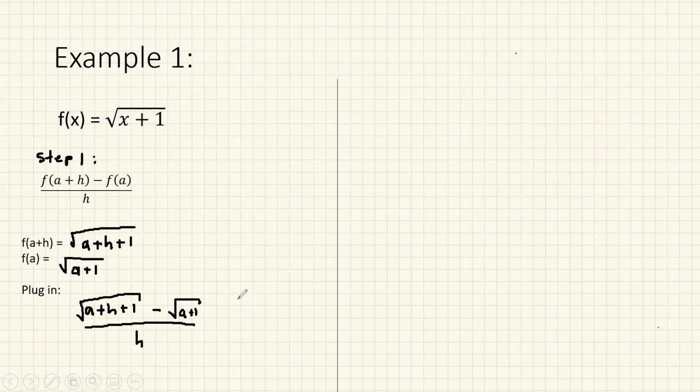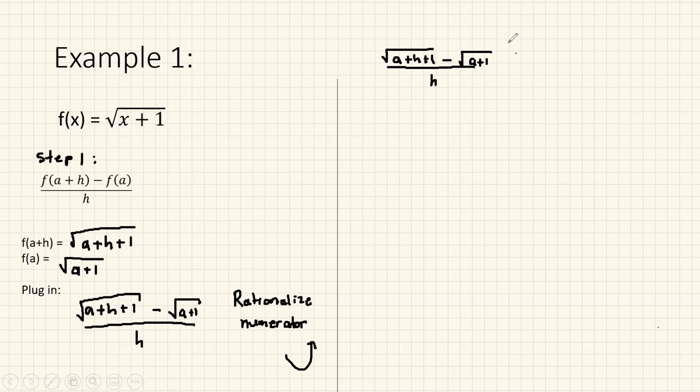Okay, and in order to approach this, we're going to rationalize the numerator. So we're going to continue our work up here. In order to rationalize, we're going to write the square root of a plus h plus 1 minus the square root of a plus 1, all of this over h.